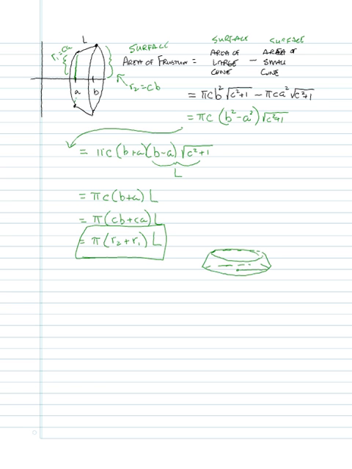One of these has a radius R2, and one has a radius R1. So we need to add two radii together. That's what we've got here. And then we need to measure the length of this edge, which is L, and multiply it by pi. So we've got a way to calculate, finally, the area of a frustum. Goodness, this was a lot of work, wasn't it?